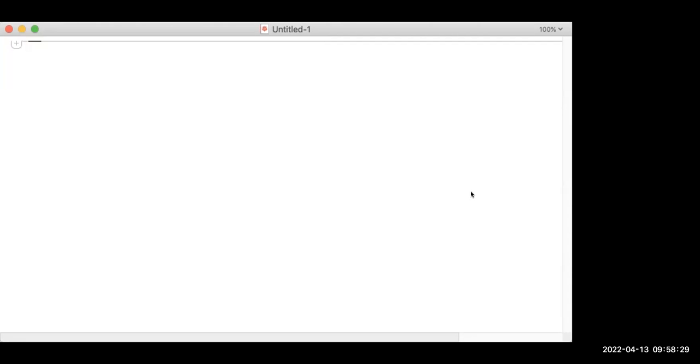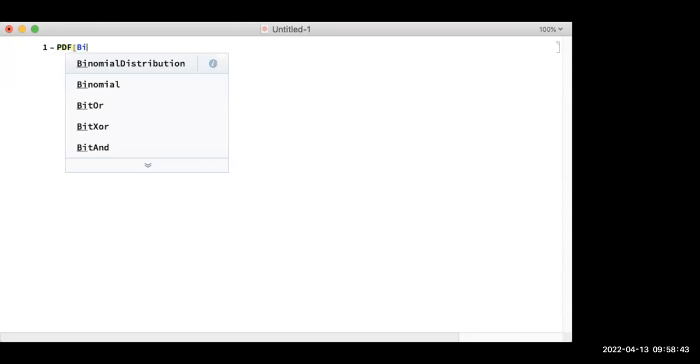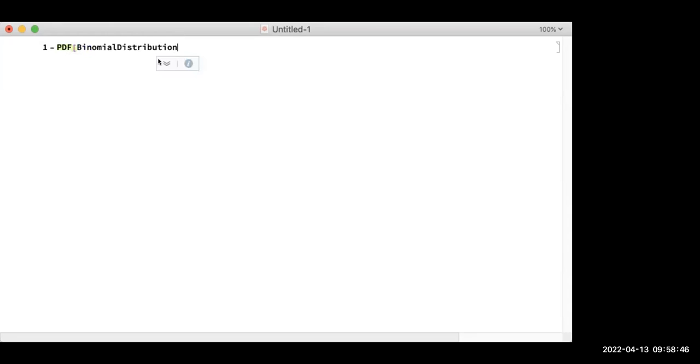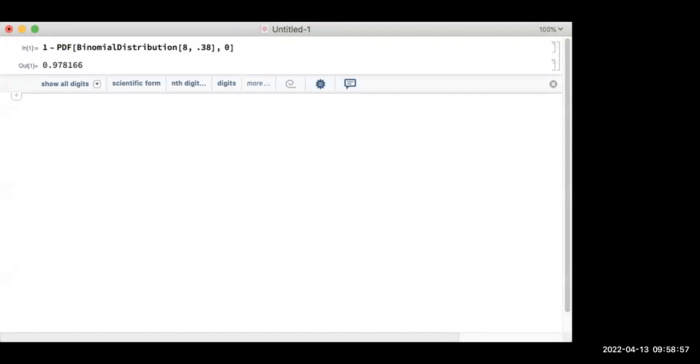And so let me type in the following command. 1 minus the PDF for the binomial distribution with parameters 8, 0.38, and I want to get rid of everything less than or equal to 0. And so I get here 0.978166.